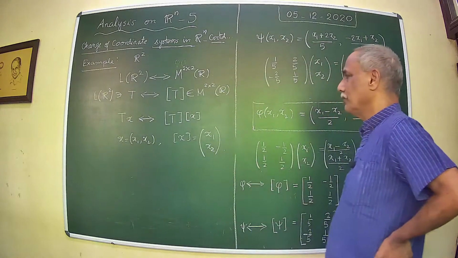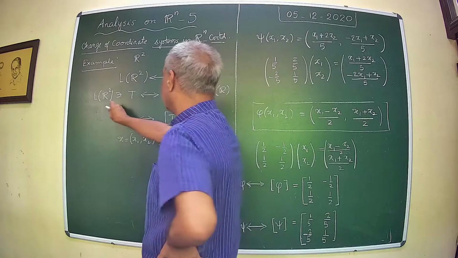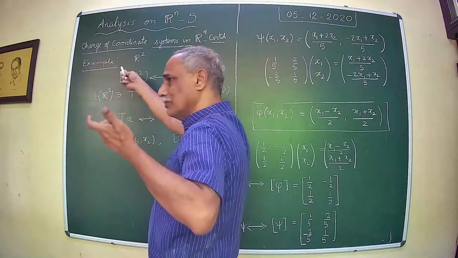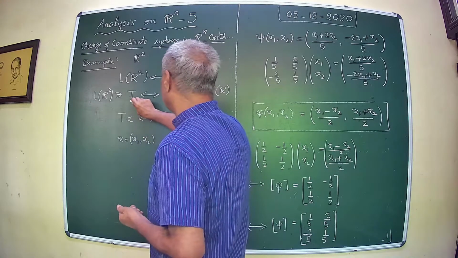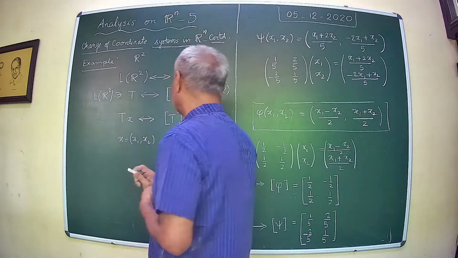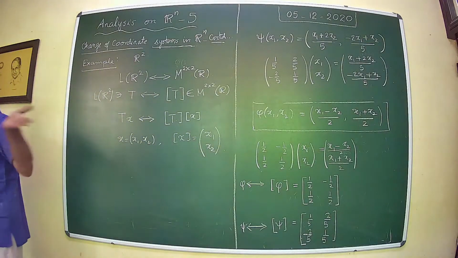This is identified with this operation. Now you can show this later. See, if T is invertible, then this matrix is also invertible, otherwise it is not.